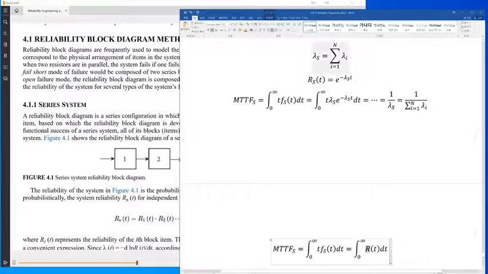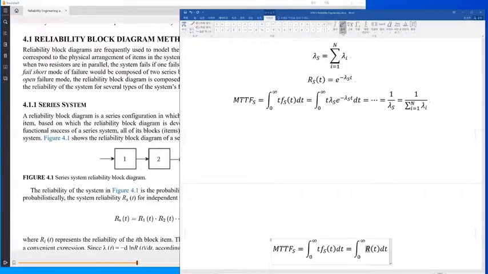Of course, in this case, we should use the reliability of the system.